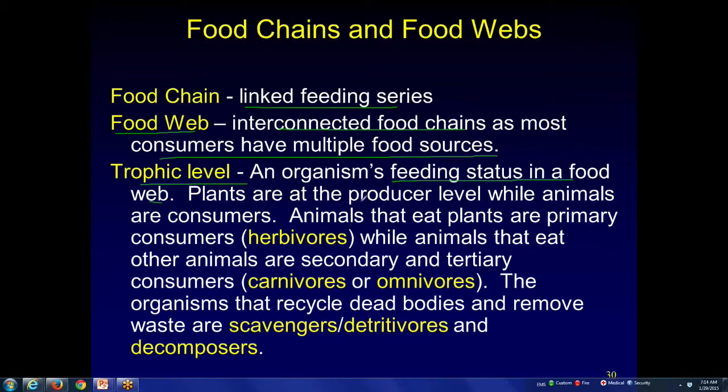So again, we've had the producers, we've already talked about those, the plants, and then the animals that eat the plants are called the herbivores or primary consumers, and then the secondary consumers are those that eat the herbivores, and then tertiary consumers, which could even eat other carnivores, and they might even eat herbivores too.